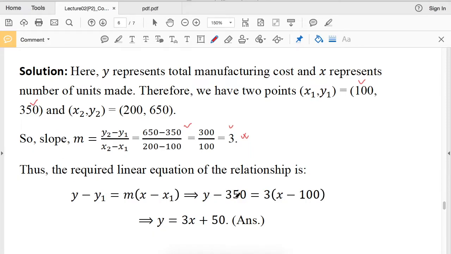So y minus y1 equals m into x minus x1, which is y equals 3x minus 300 plus 350 from the left side. So the final linear relationship between x and y will be y equals 3x plus 50. This is the answer of this problem.